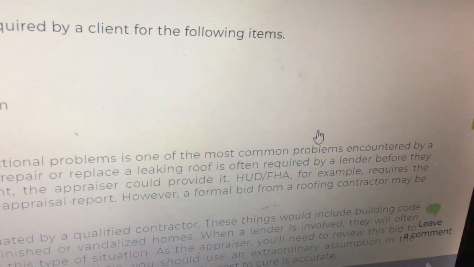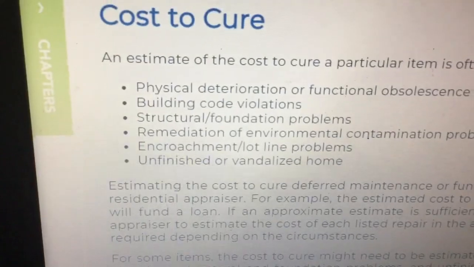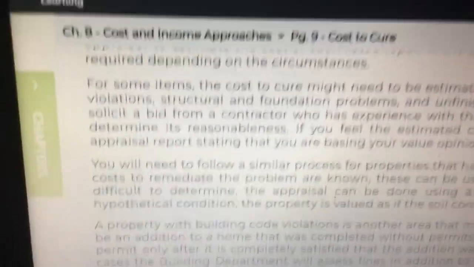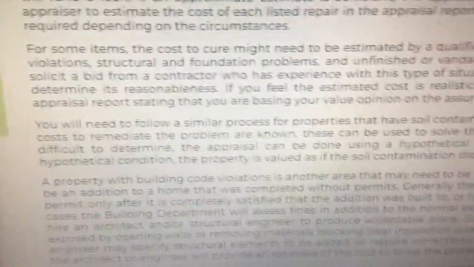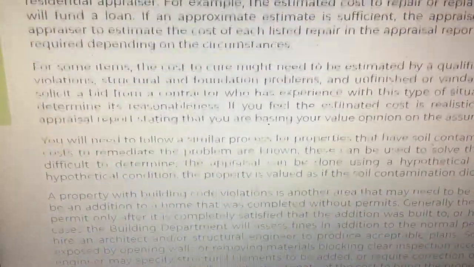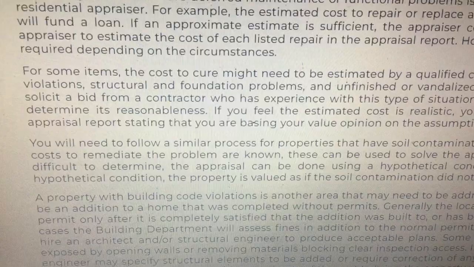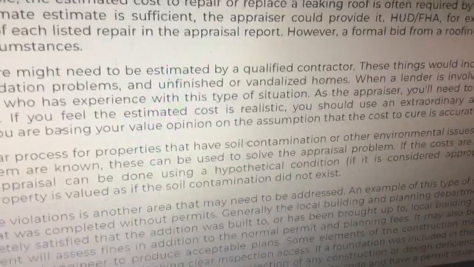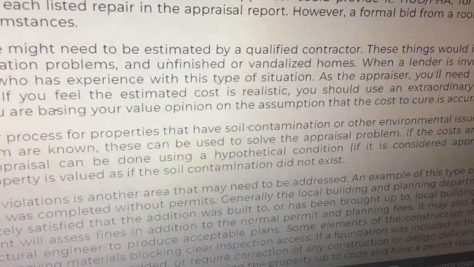These things would include building code violations, structural and foundation problems, and unfinished or vandalized homes.